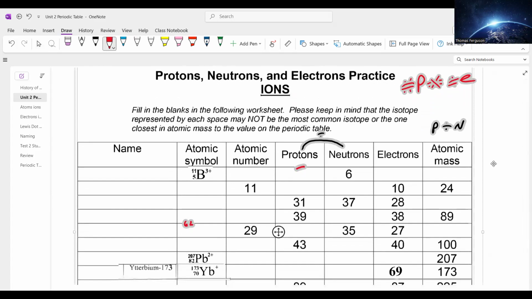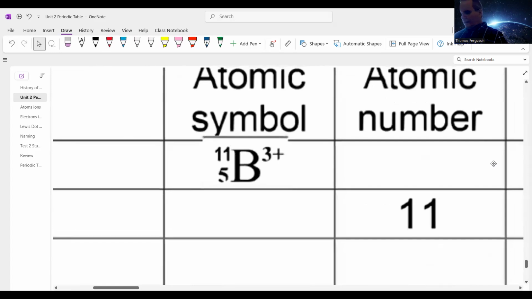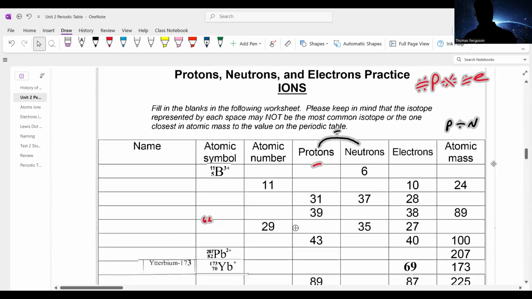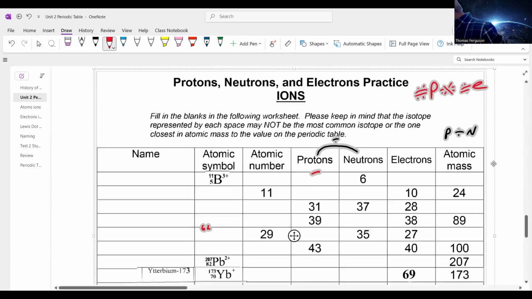This column, an ion has to show charge. In this case, boron +3. That's reflected in the, let me see, 5.